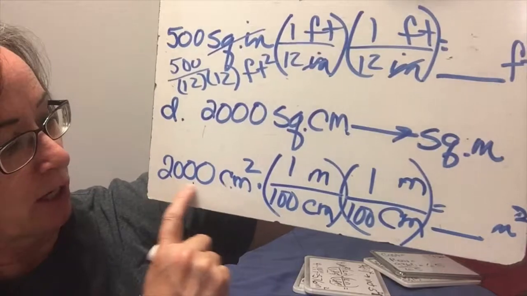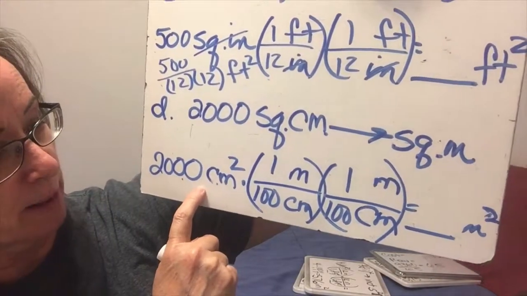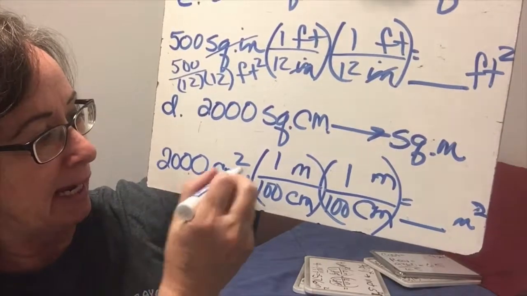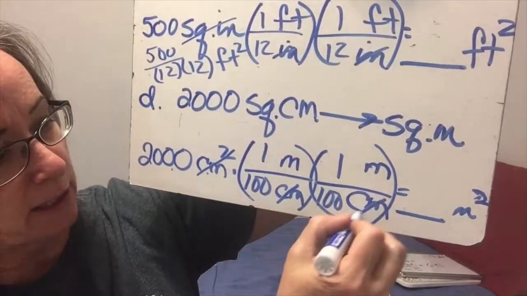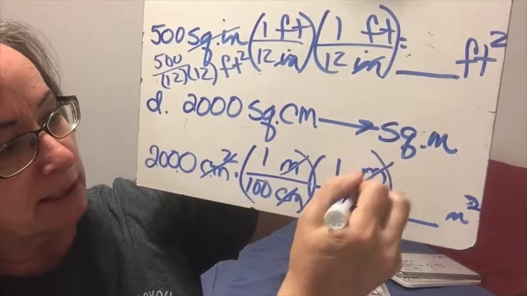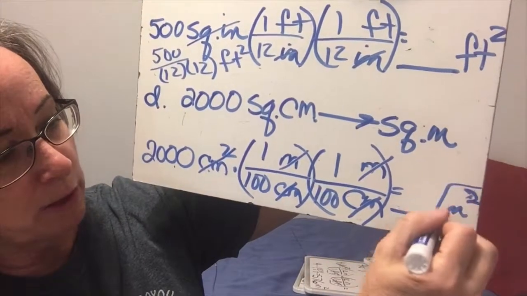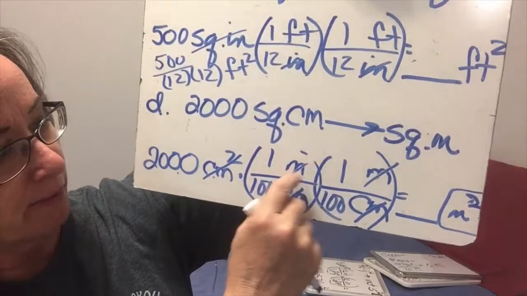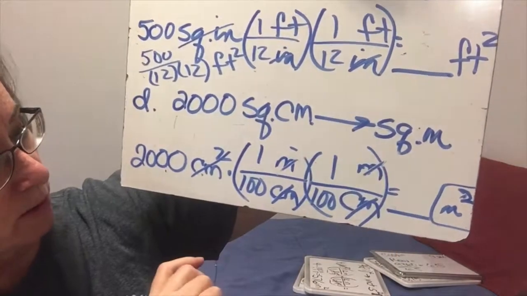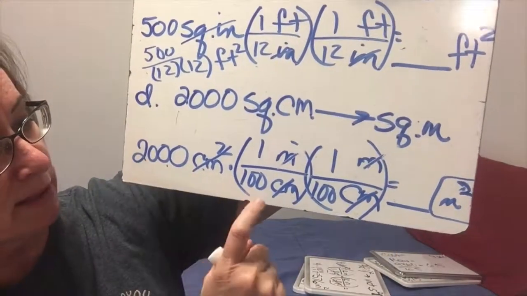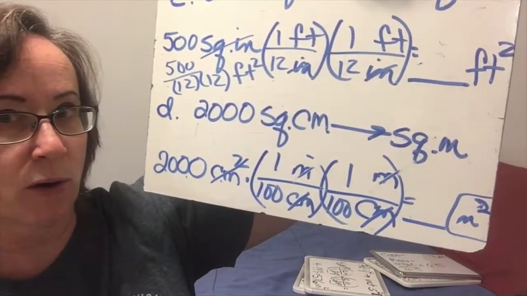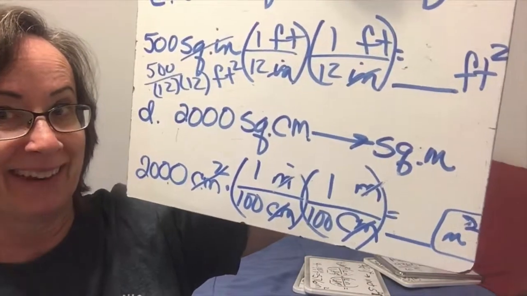So we should have 2,000 on the top and 100 times 100 on the bottom. And the centimeters cancel the centimeters, and the meters become meters squared up top. They don't cancel. They become meters squared. Sorry about that. So 2,000 over 1 with 4 zeros. So let's write that down.